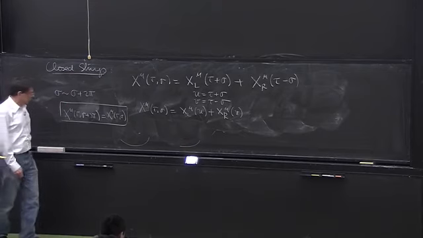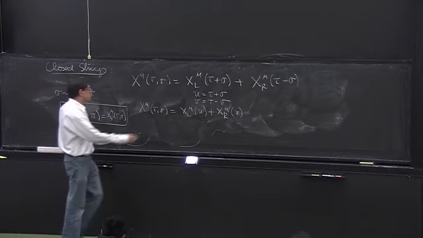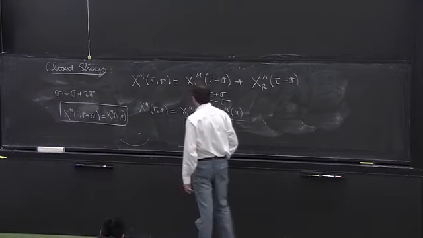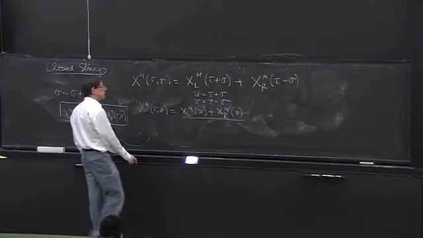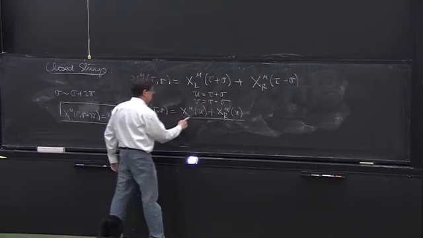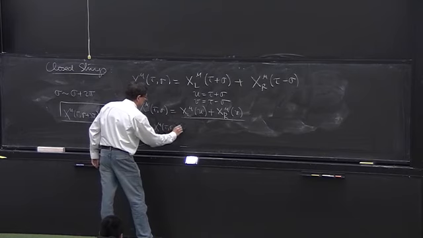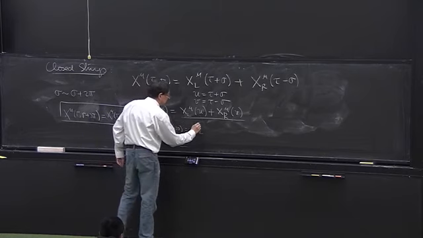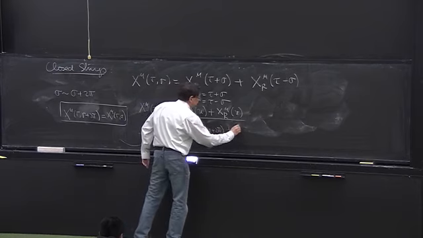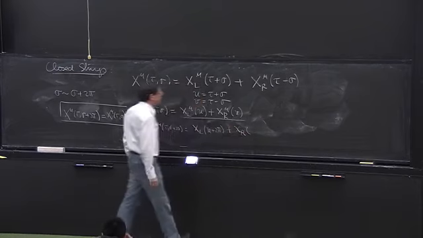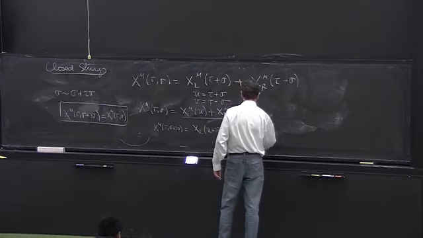What does this tell you? Well, let's just look at this. What is x mu of tau plus sigma plus 2 pi? What happens to u when you do sigma plus 2 pi? u increases by 2 pi. So this x mu of tau, sigma plus 2 pi is xl of u plus 2 pi plus x right of v, which, on the other hand, decreases by 2 pi, v minus 2 pi.